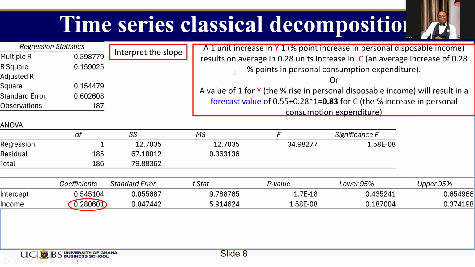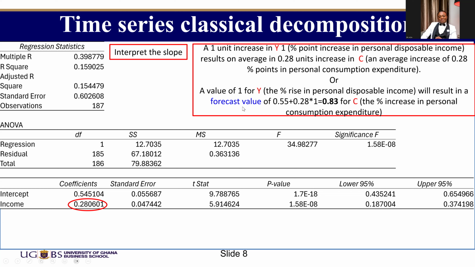Listen to the word. Instead of saying it will increase consumption by 0.28 units, you can say that it will rather lead to a forecast value of, then you multiply that 0.28, you put it into the equation. Okay, watch it.